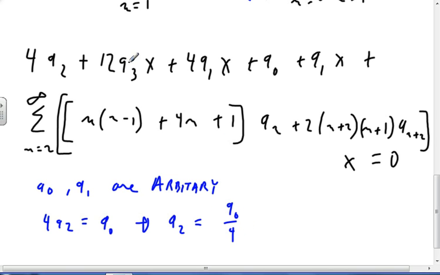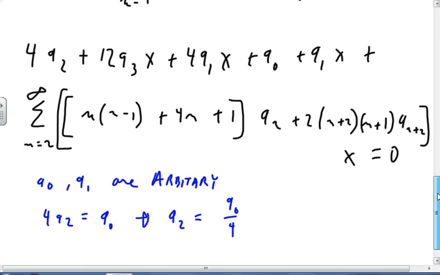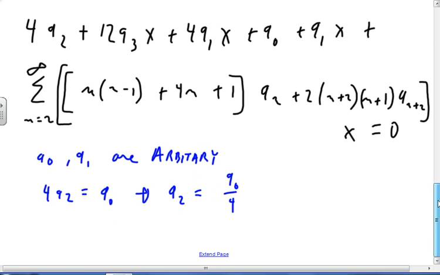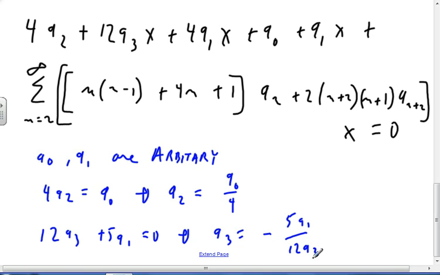I look at the x term and I see that 12a3 plus 5a1 has to be 0, implying that a3 has to be minus 5a1 over 12.